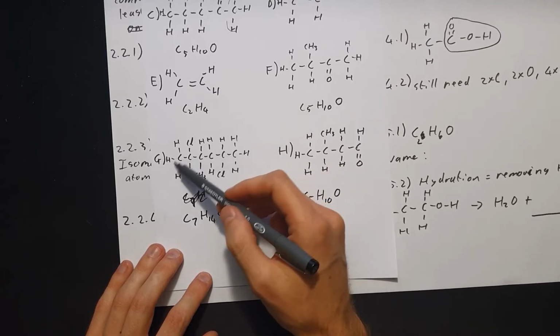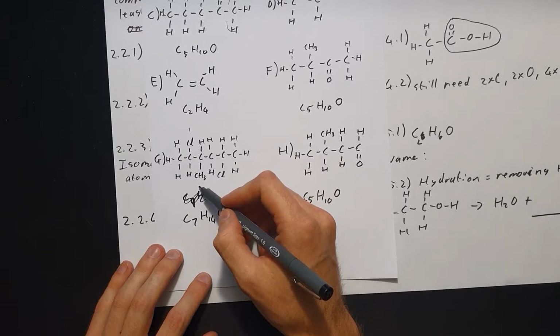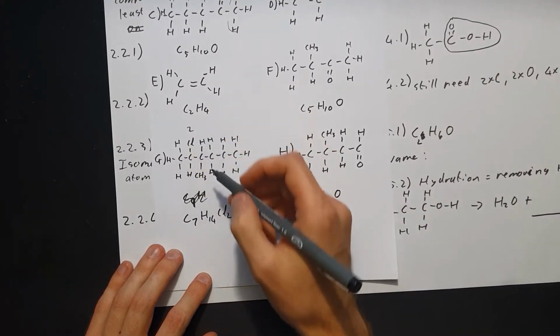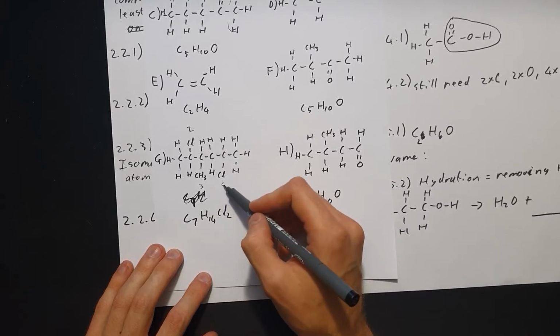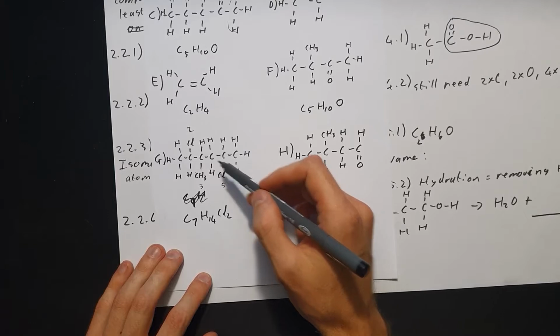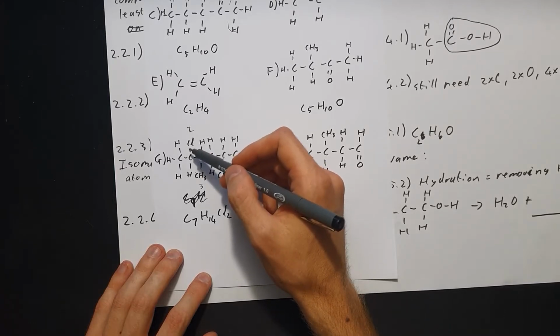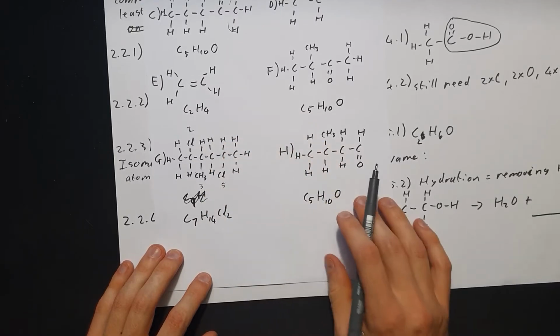If I count from the left, this will be 1, 2, 3, 4, and that would be 5, whereas if I count from the right, that's 2, 3, 4, 5. So counting from the left gives me the lower numbers.